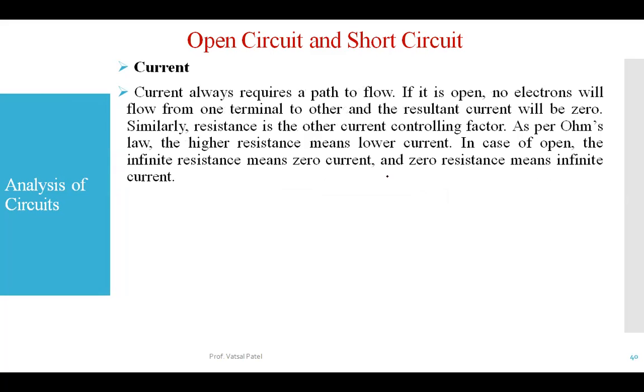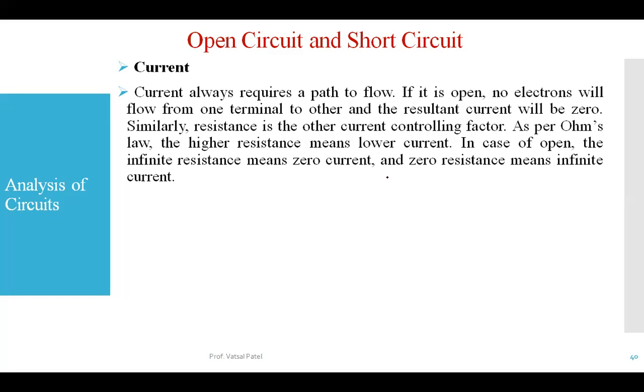The same thing is given for the current over here. Current always requires a path to flow. That means the current will always require a closed path to flow. So if it is open, no electron will flow from one terminal to the other, so the resultant current will be equal to zero.